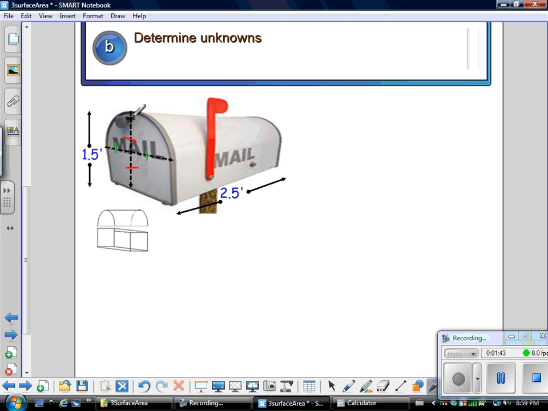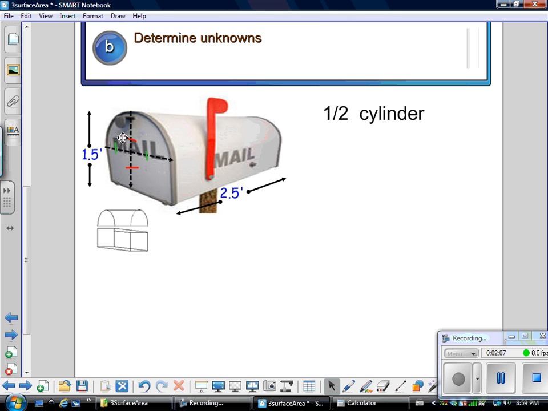If we're assuming that this is a cylinder, that means these two sides over here would be equal. So all of those ticks would be half of 1.5 feet, which would be 0.75.